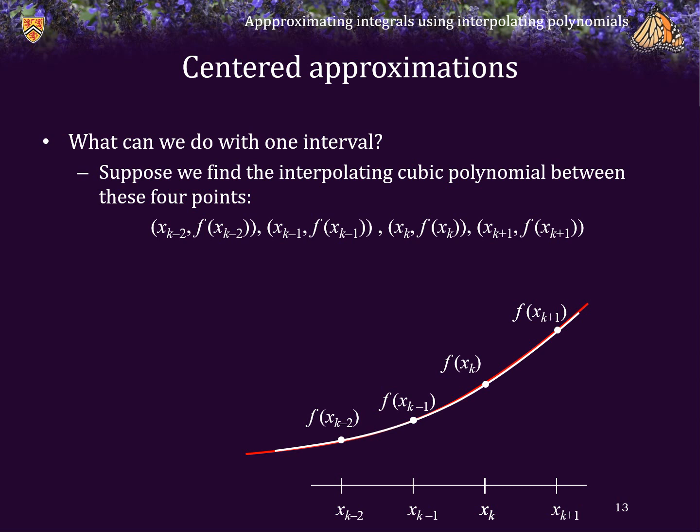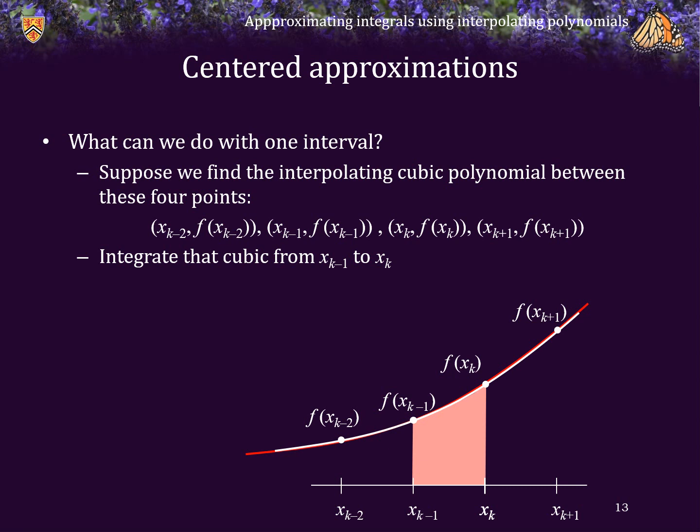All right, so now we have this interpolating cubic. What we can now do is integrate that interpolating cubic not over the entire interval, but on the interval in question. That is, we can find the area under the curve from x sub k minus 1 to x sub k in a similar way that the trapezoidal rule found the area under a straight line connecting those points. However, now we're integrating a cubic.